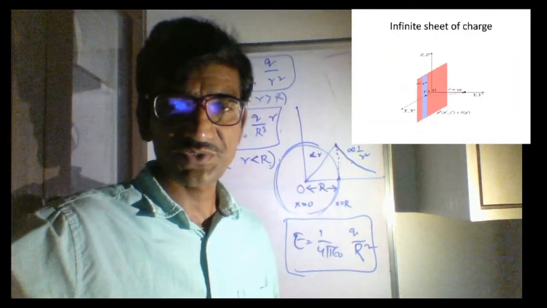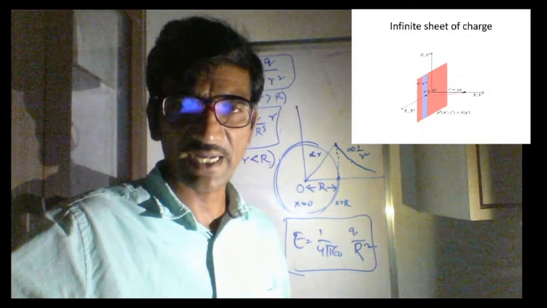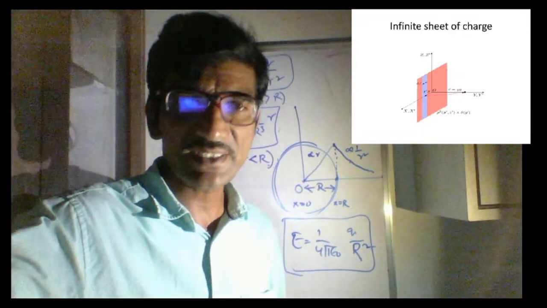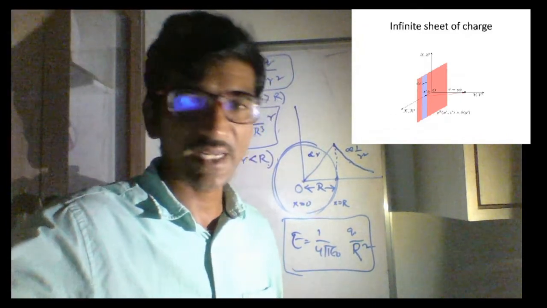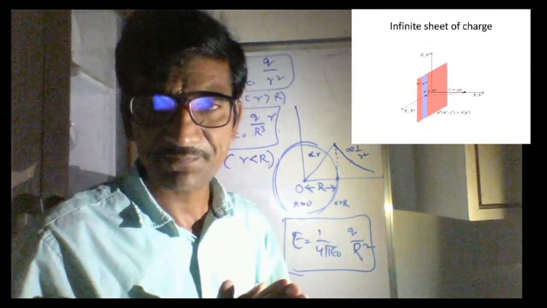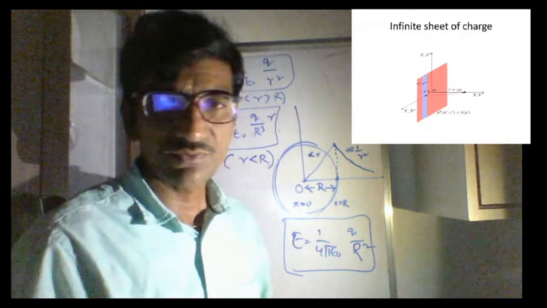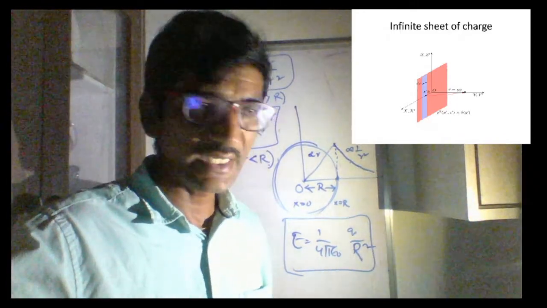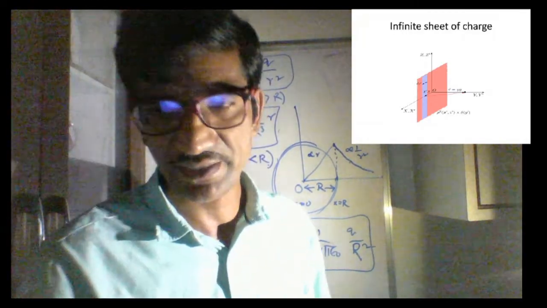Of course, you see the dimensions are limited here, but we have to imagine that this plate is extended up to infinity in both x and y directions. Now we want to know the electric field immediately next to this plate.